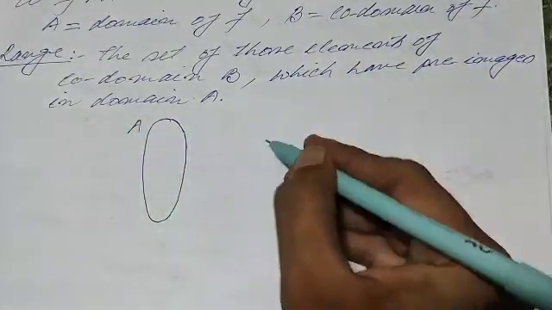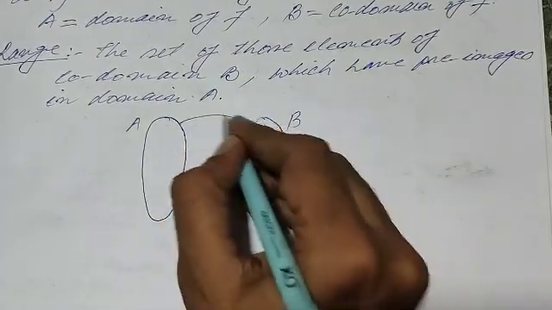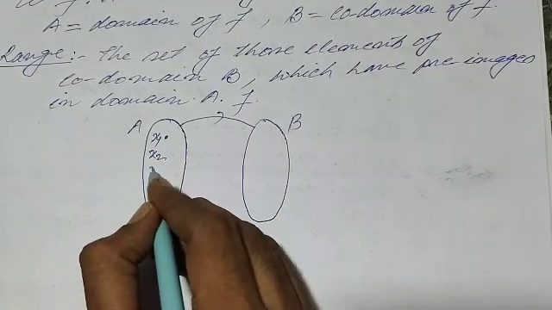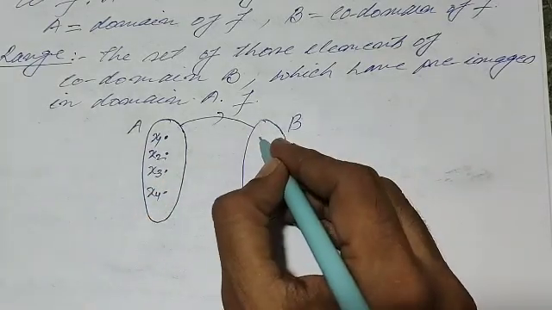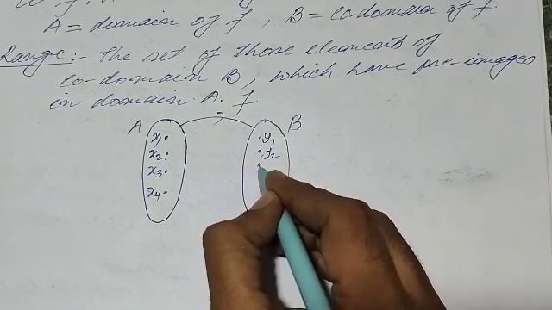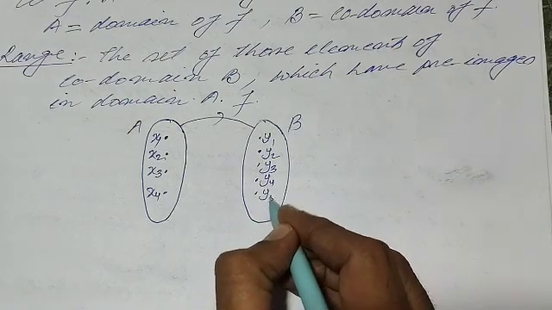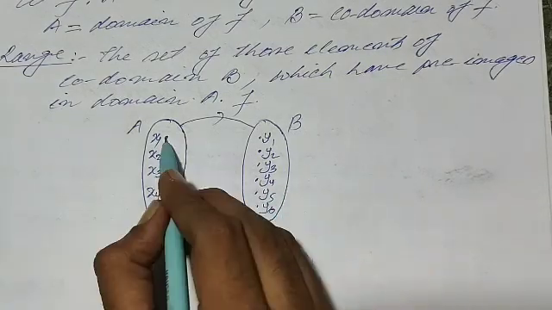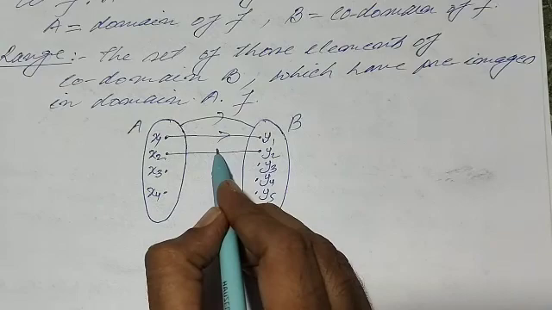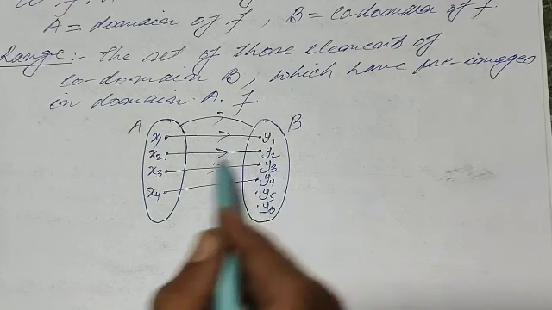For example, A is domain and B is codomain of a function f where there are four elements in A and there are six elements in B: y1, y2, y3, y4, y5, y6. x1 has image y1, x2 has an image y2, x3 has an image y3, and x4 has an image y4.